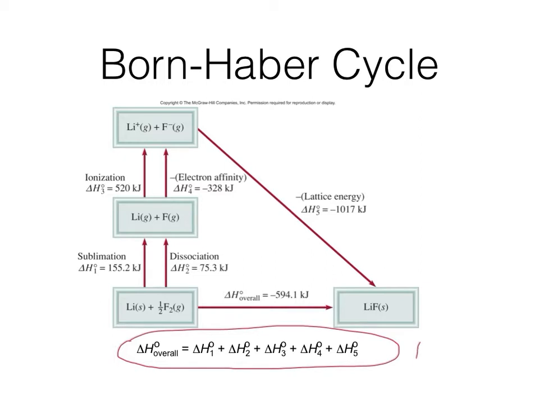Hess's law. This is simply Hess's law. We're going to take the formation of an ionic bond and break it into its component steps. The sum of the energies of those component steps must be the enthalpy of formation. So that's what we're talking about, the enthalpy of formation. We're going to get that from those individual steps.